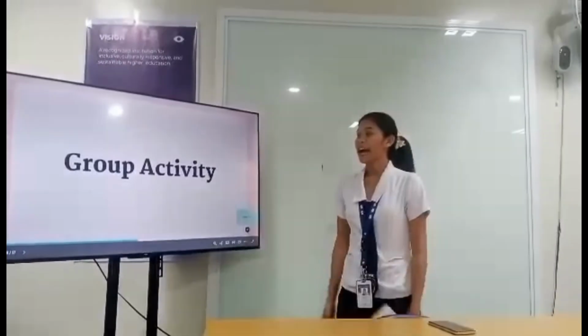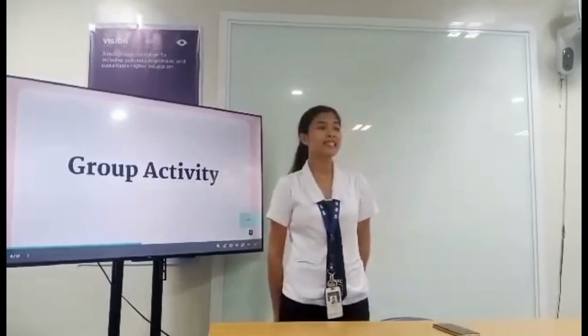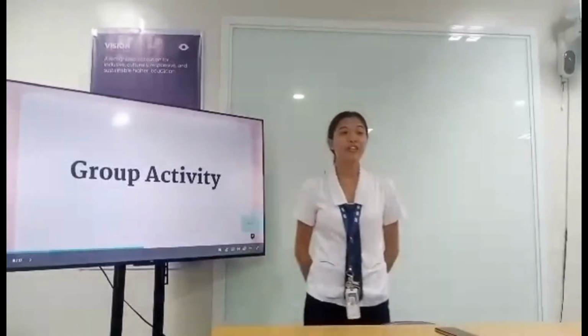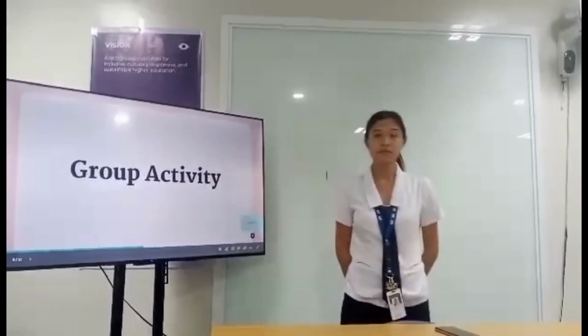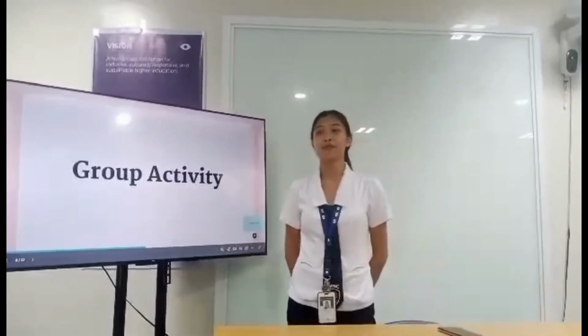So I will group you into 4 groups, and your groups will write 3 sentences about your family or friends with the use of the pronouns. So, for example, you will write sentences about your mother.